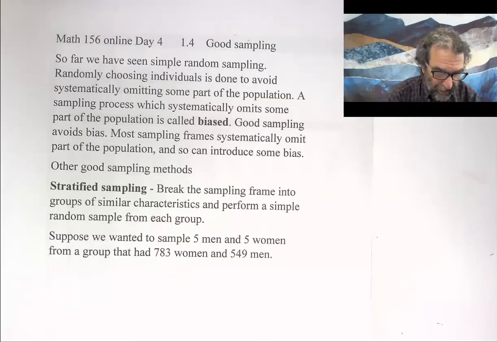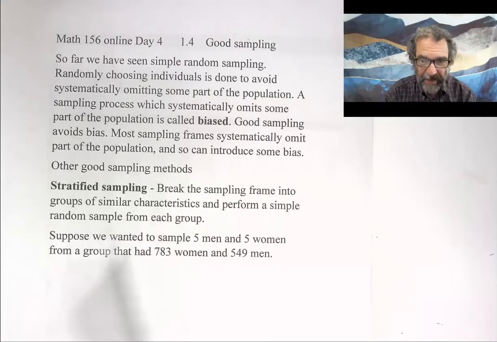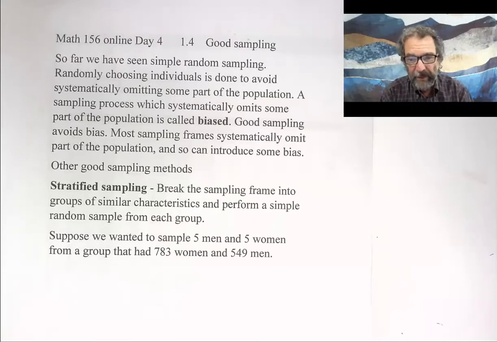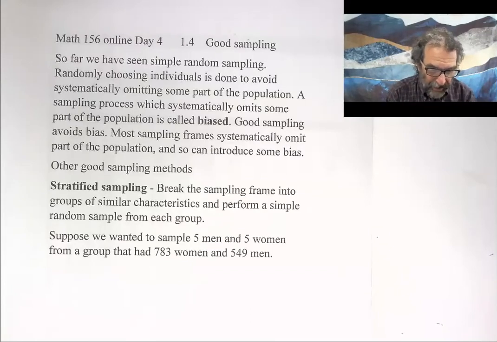So we talked about simple random sampling. Now we're going to talk about other good sampling techniques. Here's one of them. It's called stratified sampling. Break the sampling frame into groups of similar characteristics and perform a simple random sample from each group. We would do that to make sure we have people or objects with certain characteristics in the sample.